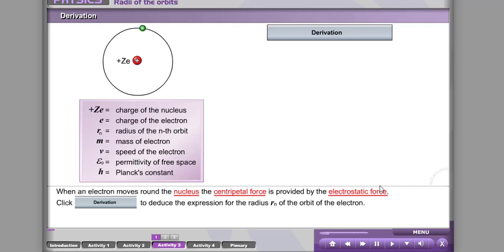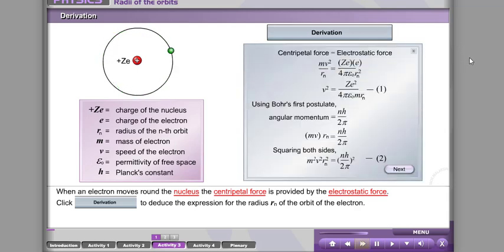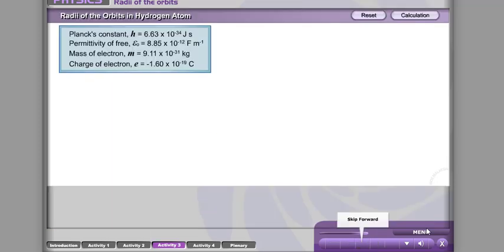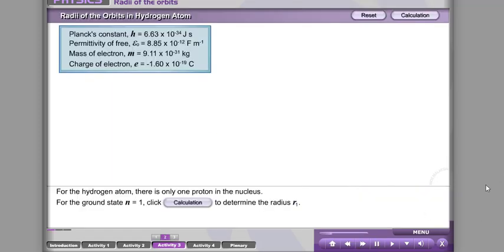When an electron moves round the nucleus, the centripetal force is provided by the electrostatic force. Click the derivation button to deduce the expression for the radius Rn of the orbit of the electron. For the hydrogen atom, there is only one proton in the nucleus.